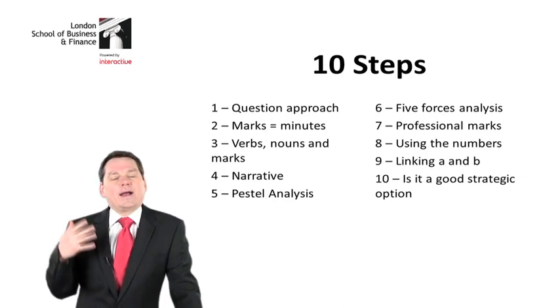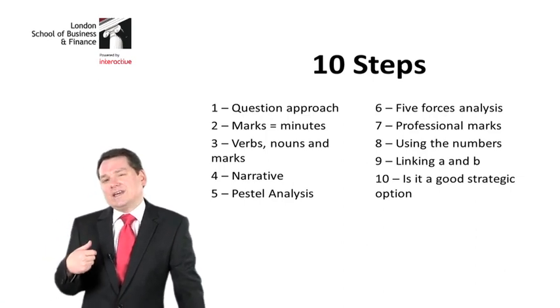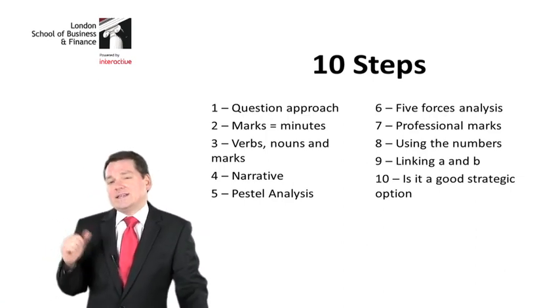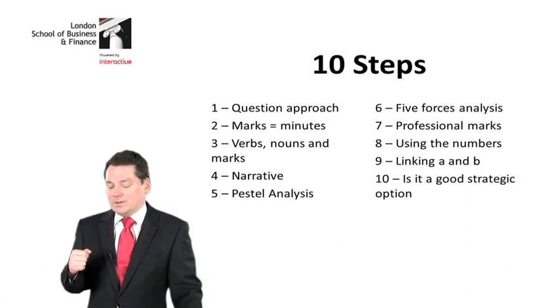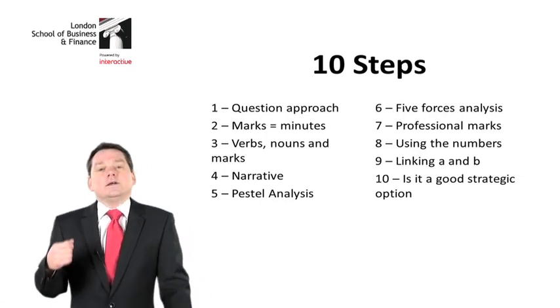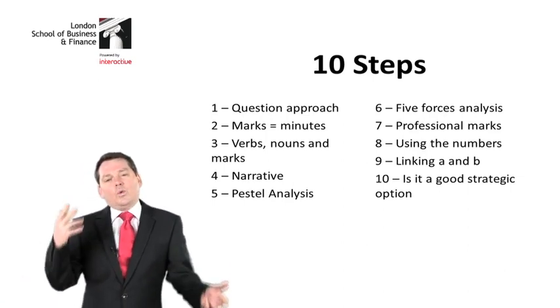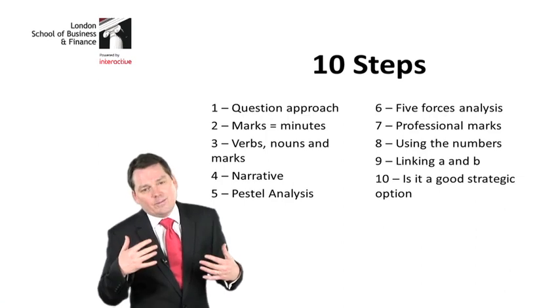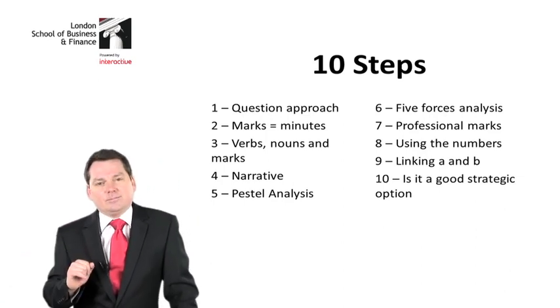Step 8 will be about looking at the numbers. Step 9, very important in question 1, putting together the ideas that we've had in part A with the ideas in part B. And finally, step 10, making a decision. So we will go through the 10 steps, looking at each little bit at a time.